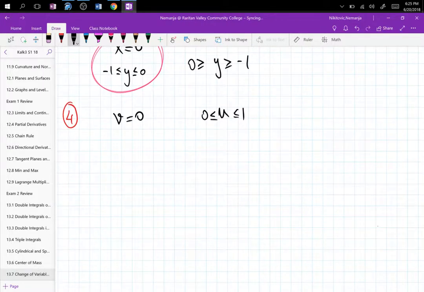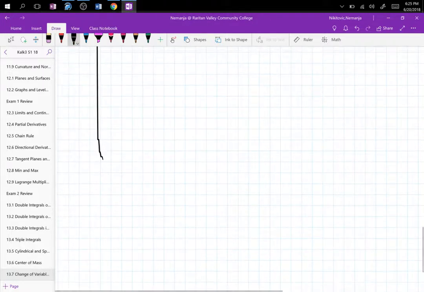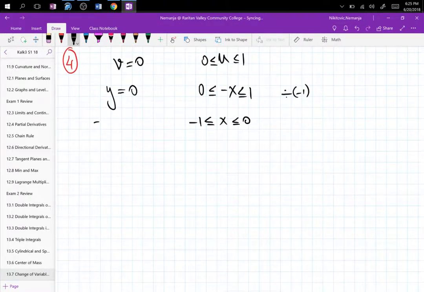So now v equals 0, we plug in y, so y equals 0, great. And over here we have 0 less than -x less than equal to 1, divide by -1, and we get -1 less equal than x less equal than 0. So that goes easy, easy. That goes here. And these two are now a pair.